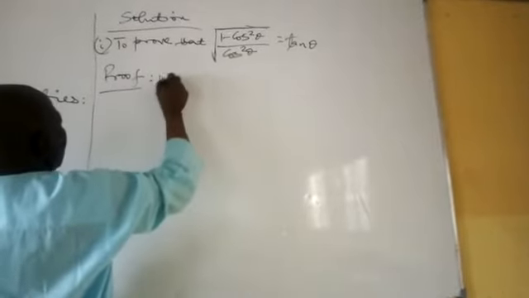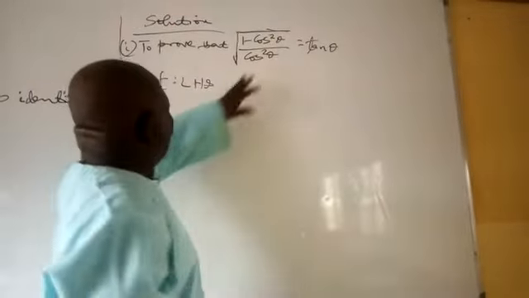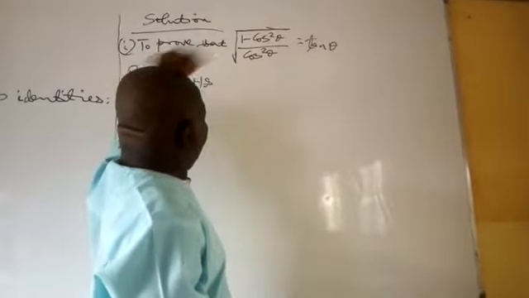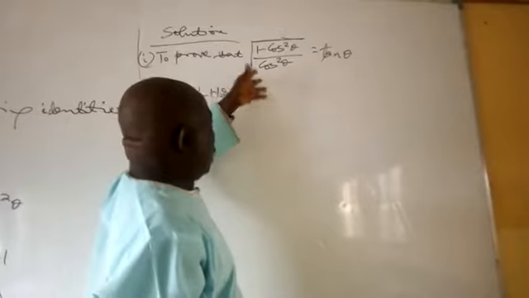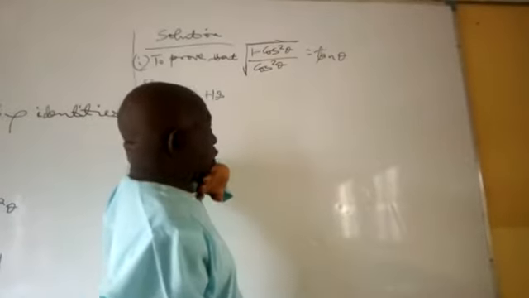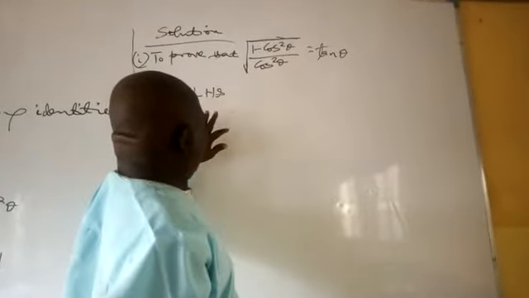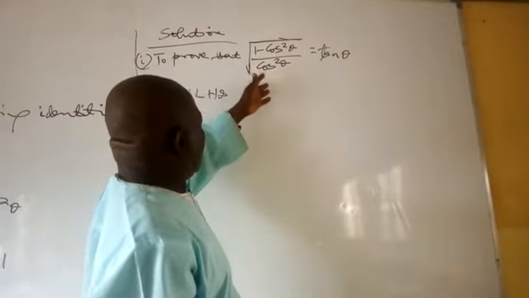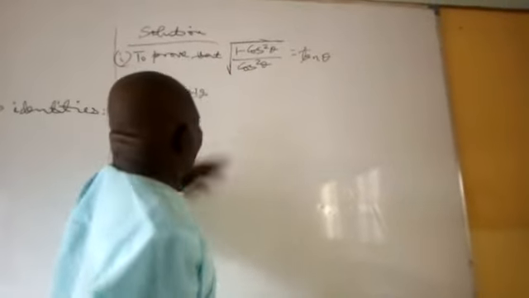Proof. Left hand side. In this case, what you have to do is start from the more complex side and then simplify, to arrive at the simpler side. So in this case, the left hand side is more complex, so we start with the left hand side.